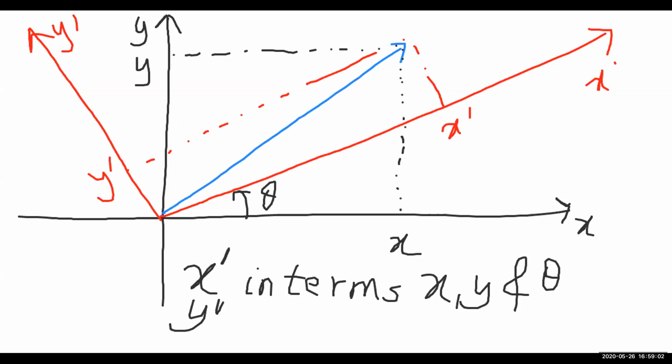Right. So the answer that I am expecting is something like x dash is equal to, y dash is equal to, and here we have some x, y, and theta. Can you tell me what are the values of x dash and y dash in terms of theta and x and y?